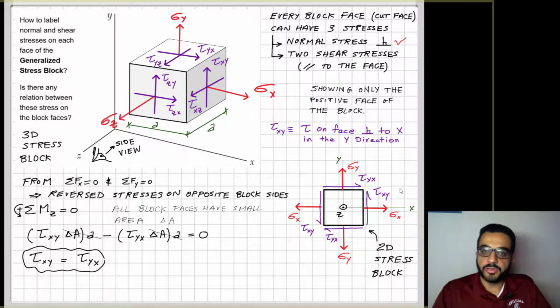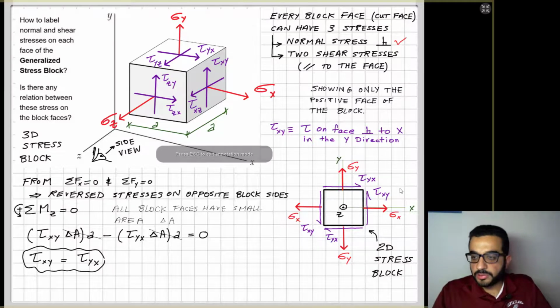So if I have a point, the longitudinal shear stress would be equal to the transverse shear stress. We'll see more of that when we cover the design of beams and shear in beams. So this tau XY is equal to tau YX. I got it from the equilibrium of this specific 2D block of the XY plane.